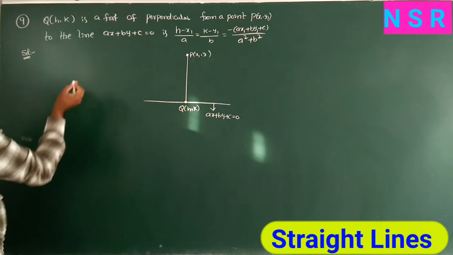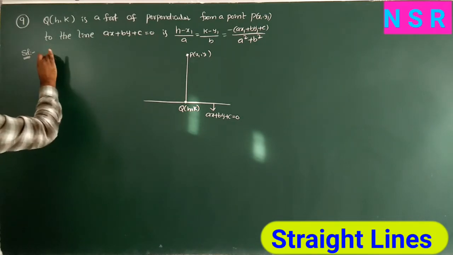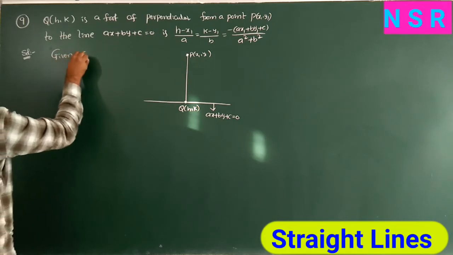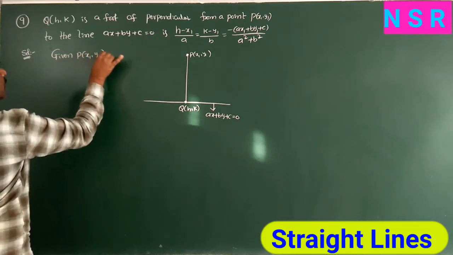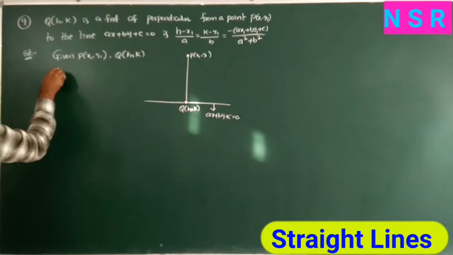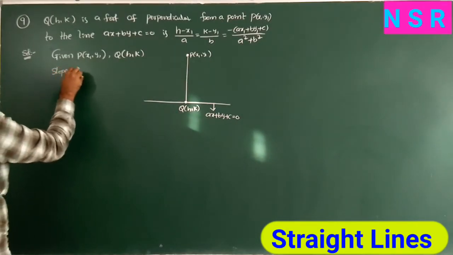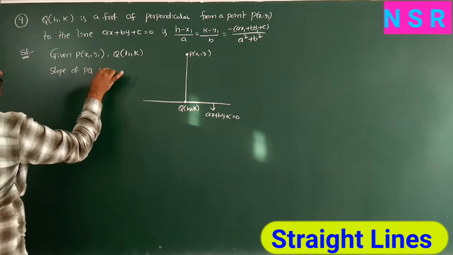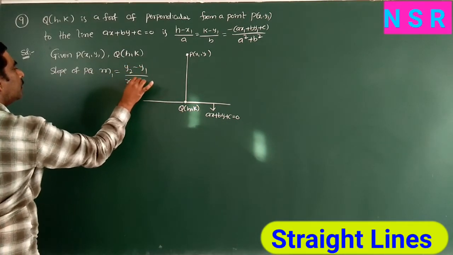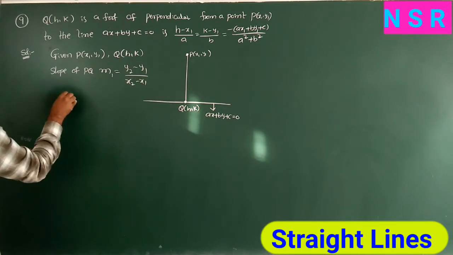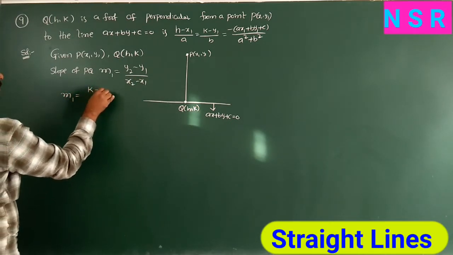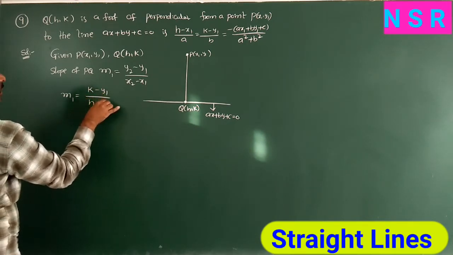Now start the procedure here. First, given P(x1, y1) and here Q(h, k). So slope of PQ is m1 equal to y2 minus y1 by x2 minus x1, that is k minus y1 by h minus x1.